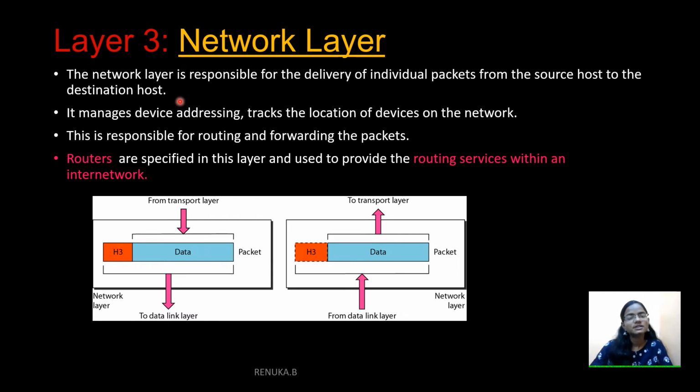It manages the device addressing and tracks the location of devices on a network, and it is responsible for routing and forwarding of the packets. Routers are specified in this layer and are used to provide routing services within the internetwork. The protocols used to route the network traffic are known as network layer protocols. Examples of such protocols are IPv4 and IPv6, Internet Protocol version 4 and Internet Protocol version 6.